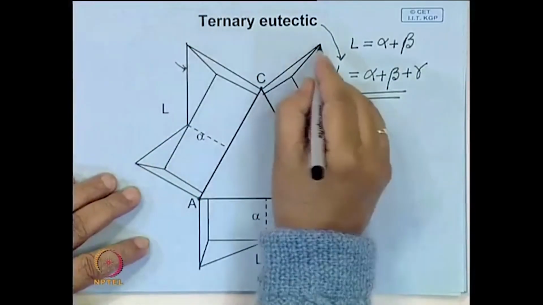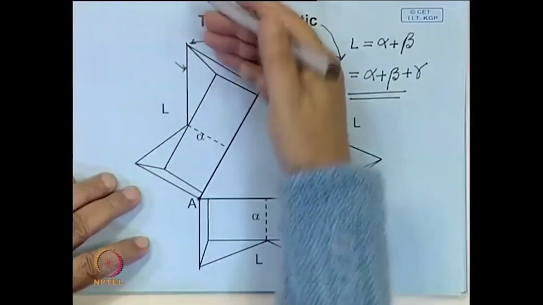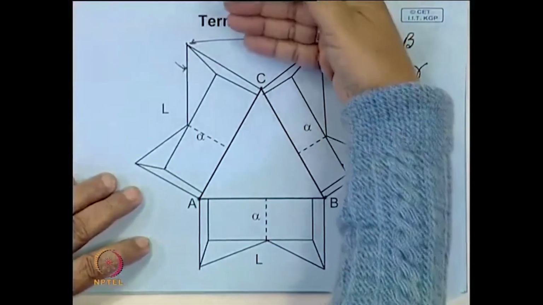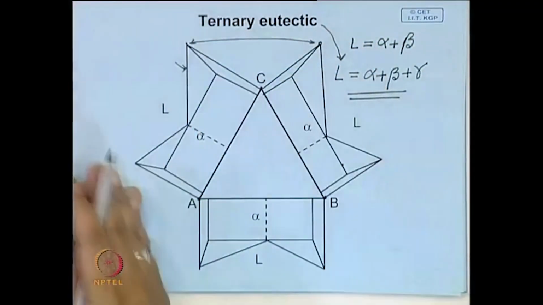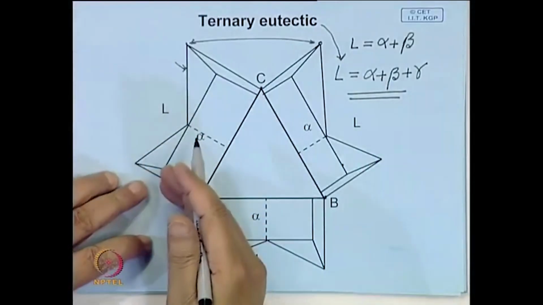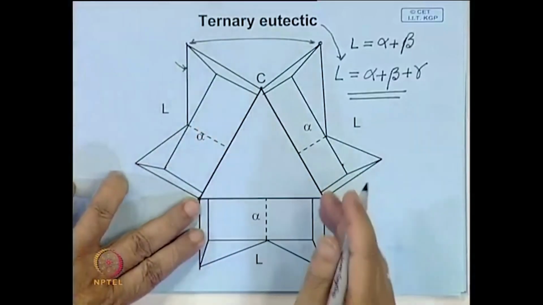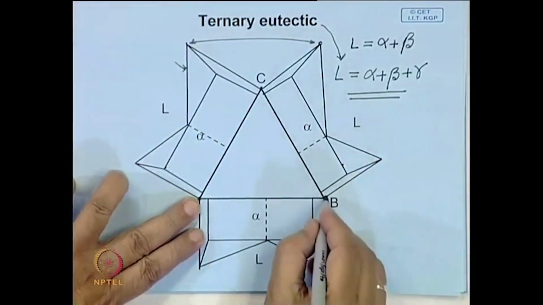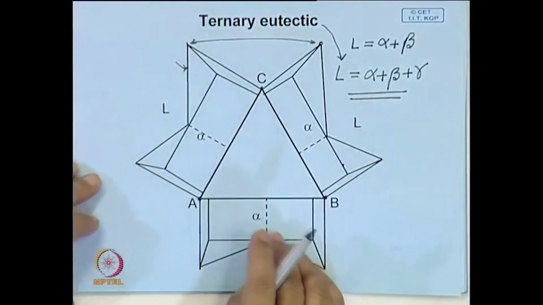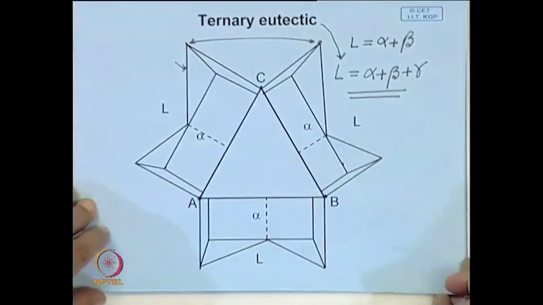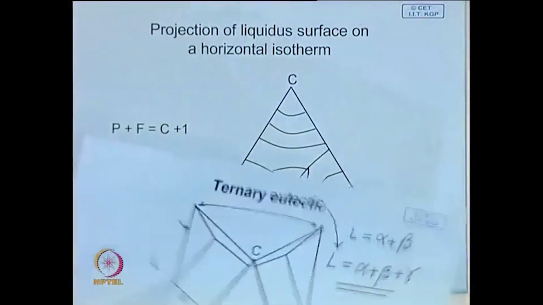Now, this point will join with this. So, one liquidus surface will drop down from that vertex, that C, like this. Similarly, another liquidus surface will drop down from that vertex at A somewhere here. Similarly, the third one from the melting point of B, and they will all meet at that eutectic point, which is shown here.